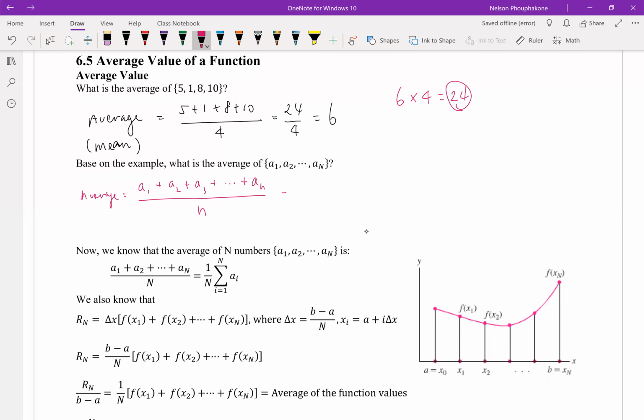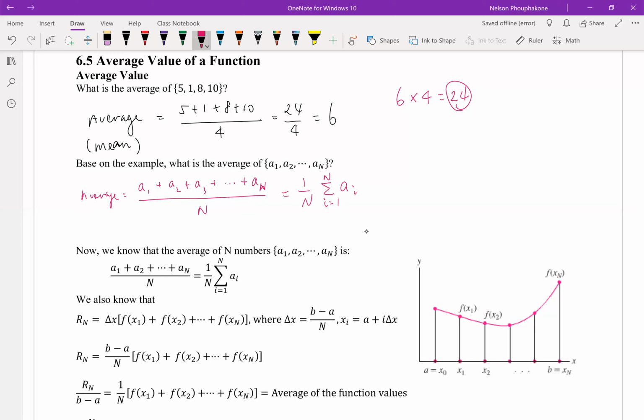So if I want to rewrite this into summation notation, I could write the sum with i from 1 to n of a sub i. So therefore, we know that the average of n numbers is 1 over n times the summation, i from 1 to n, of a sub i.